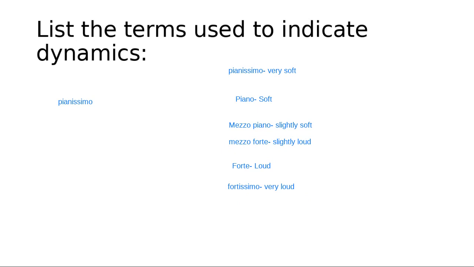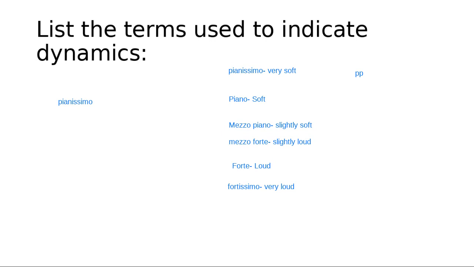Okay, so you can think about it as the degrees of turning up and down the volume on your radio. Pianissimo is about as soft as you can comfortably play. Okay, and the shorthand of that, by the way, is two P's. PP.